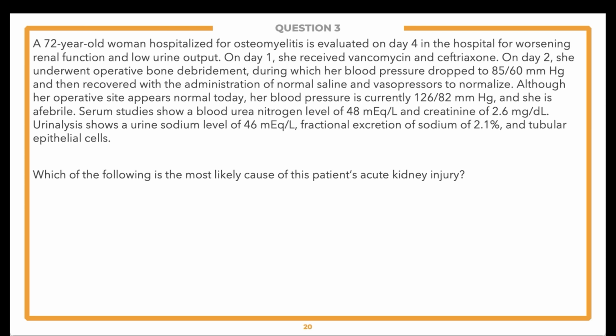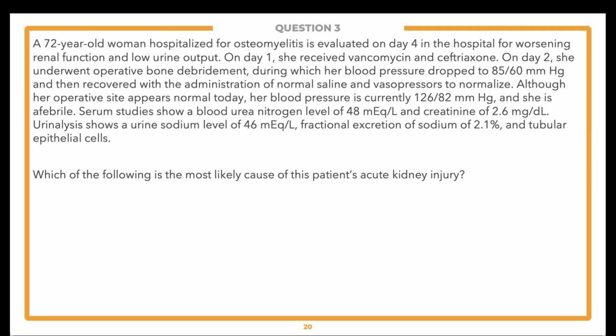We know what's going on with this patient, at least from a diagnostic standpoint. So now we're going to try to figure out the cause of this AKI. Let's go ahead and read the vignette.